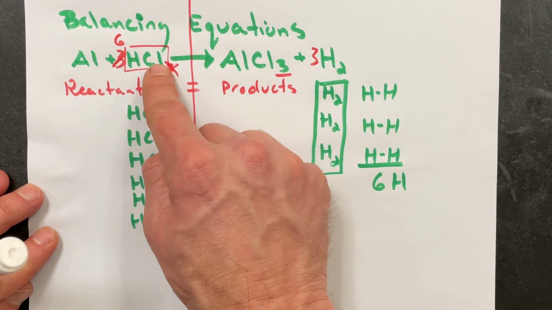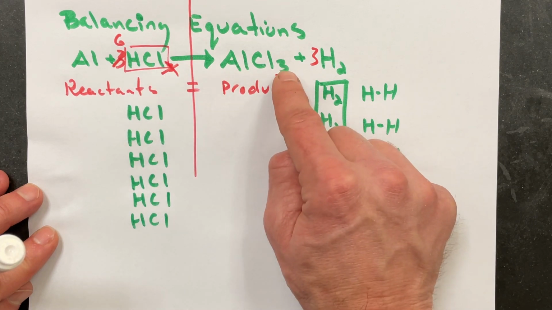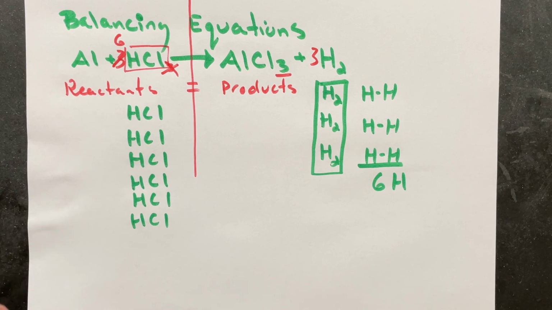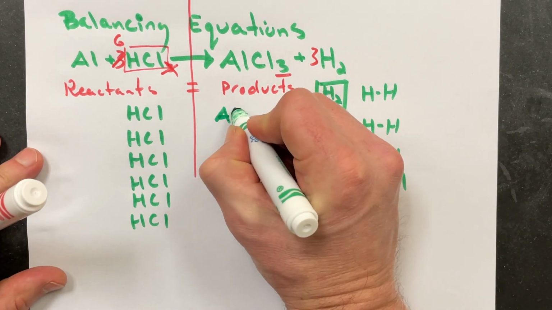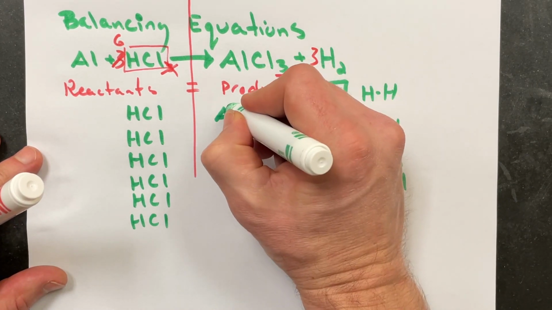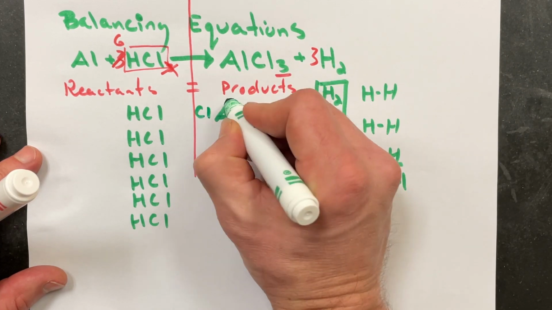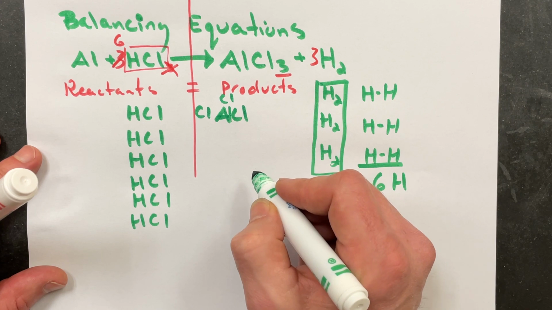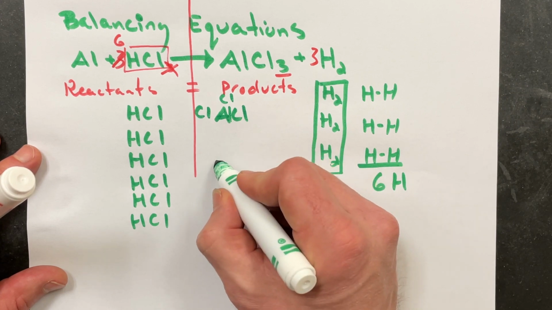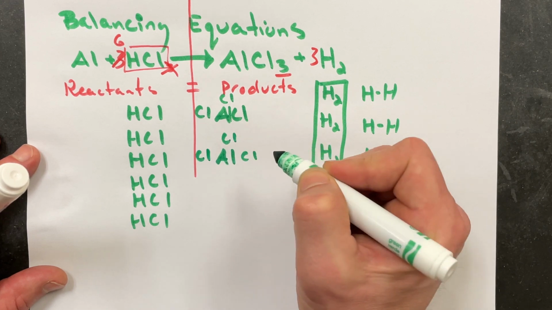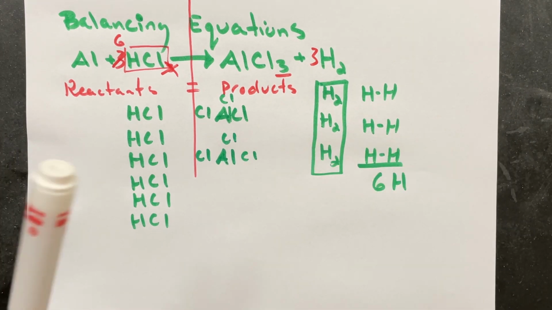And we have 6 chlorides, and currently we have 3 chlorides on this side because we have aluminum stuck to, I drew that poorly. Aluminum stuck to chloride, I'll just draw it like this, chloride, chloride, and we need to get to 6. So we'll need another aluminum with chloride, chloride, chloride, all stuck to that there.